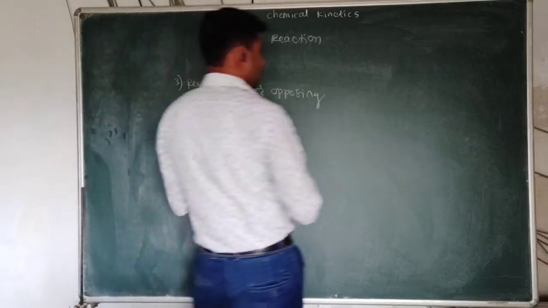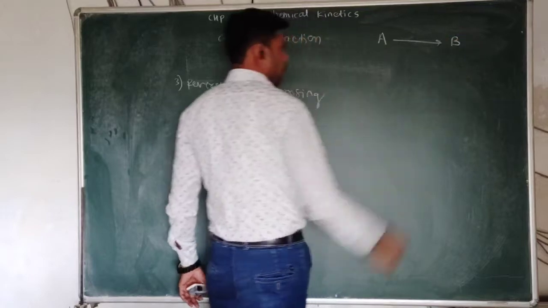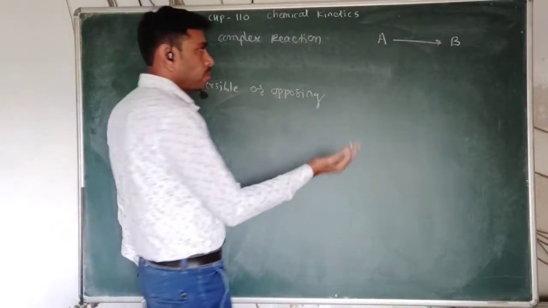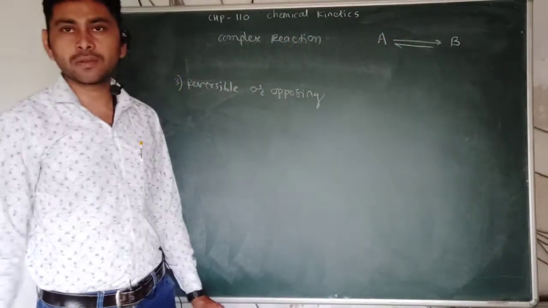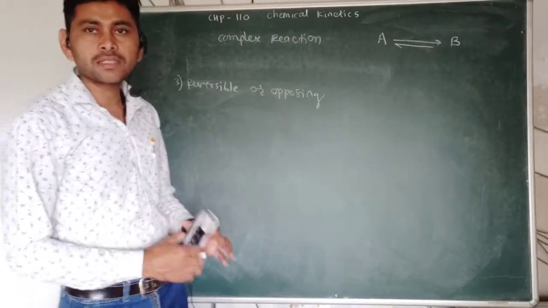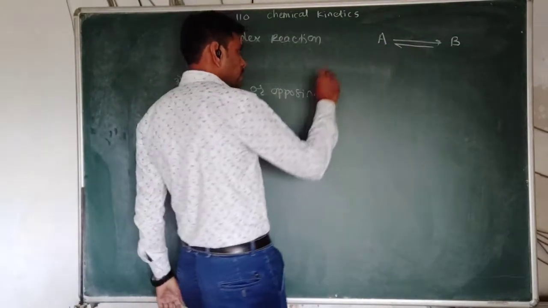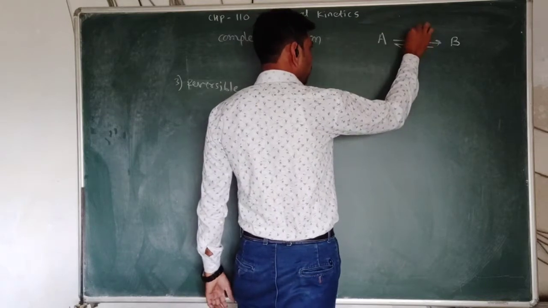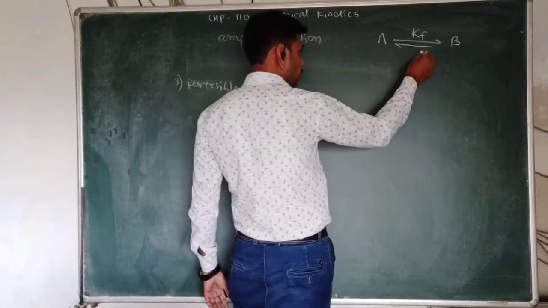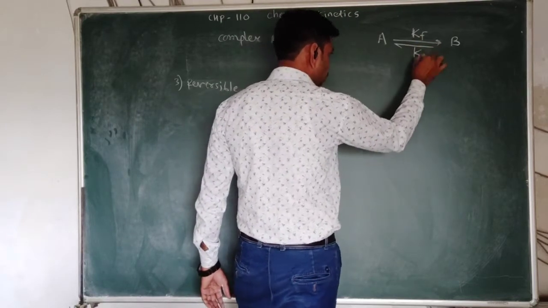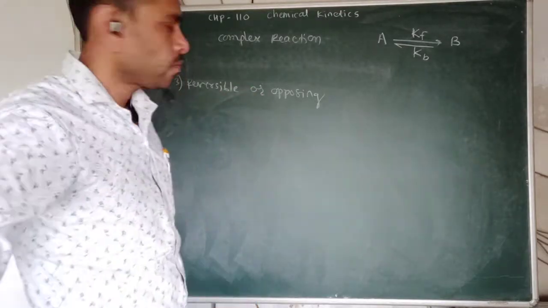That is, suppose that we consider the reactant A is converted into product B, but at the same time the product B formed is also able to convert to reactant A. Such reactions are called reversible reactions or opposing reactions. Here the rate constant for the forward reaction is Kf, and for the backward reaction the rate constant is Kb.